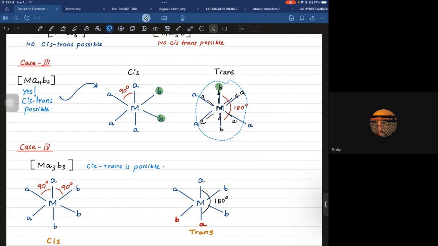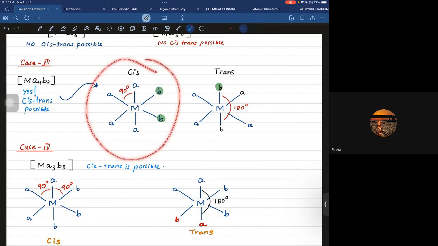The ligands are the same, so an optical isomer is not possible for the trans. What about the cis? Right becomes left, left becomes right. When you superimpose it, it would not be superimposable on each other. So optical isomerism is possible for the cis, but not for the trans. Are you getting my point? So this is all about isomerism in complexes. It's very easy.